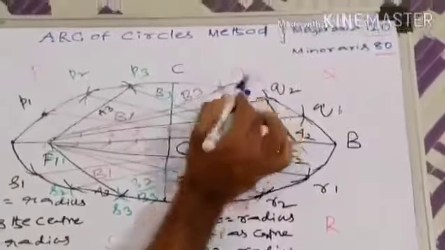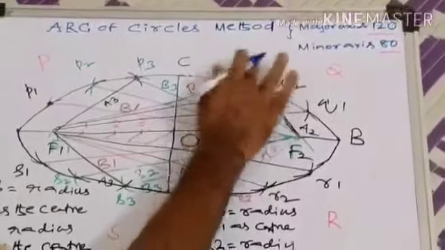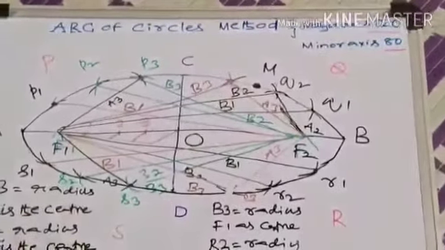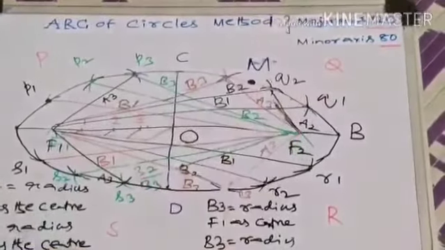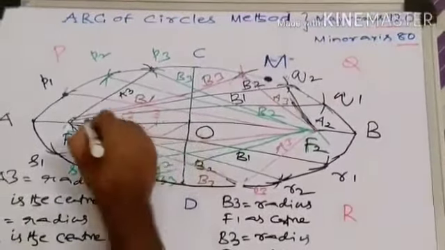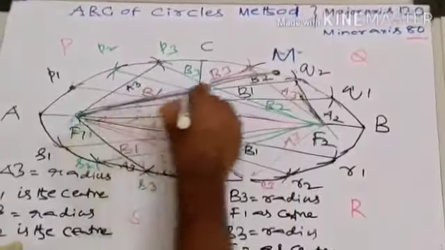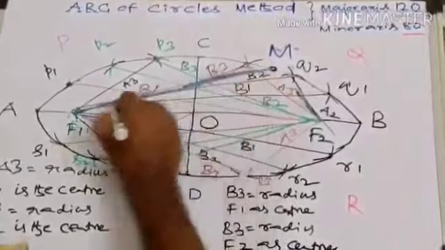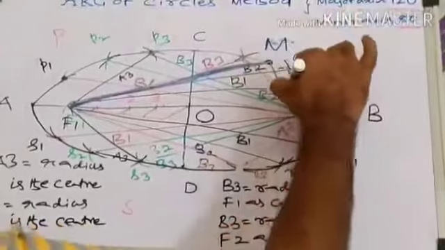This is going to be a point I am choosing, point M. M is going to be joined with F1. F1M is a straight line. MF2 is going to be a straight line.